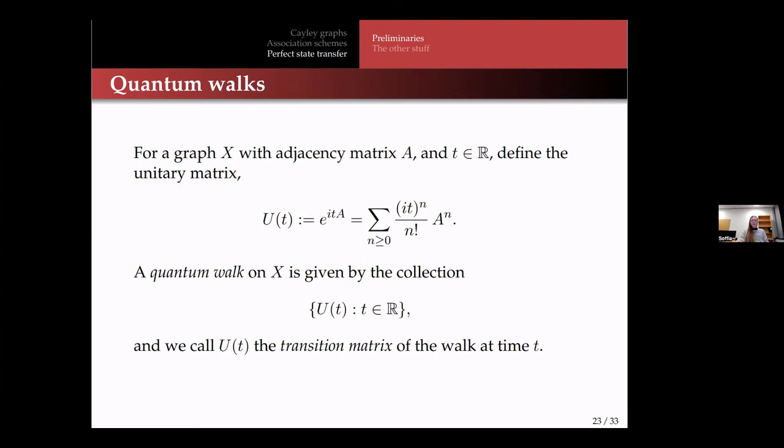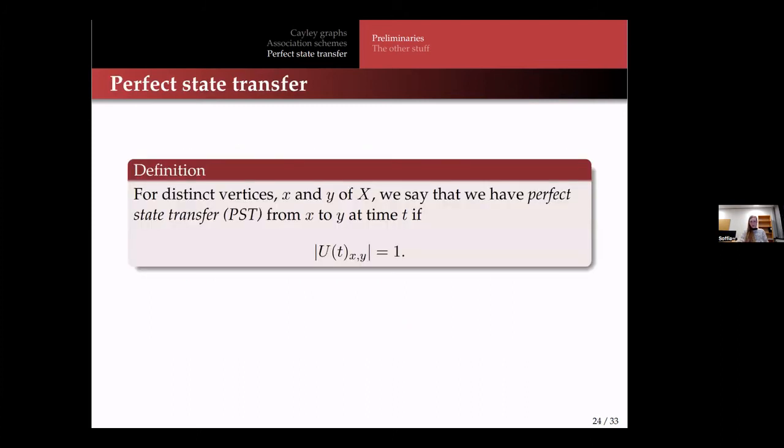Then we say that there is perfect state transfer from vertex X to vertex Y in our graph if the XY entry of U of T has absolute value 1.